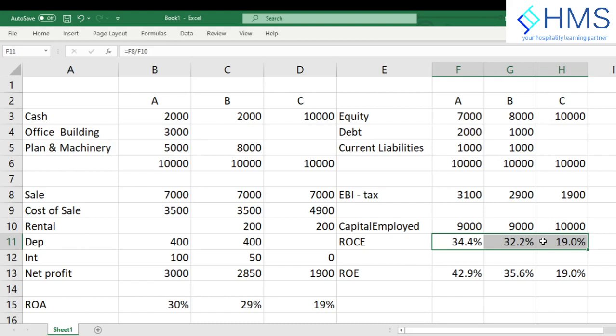So that's the relationship between return on assets, return on equity and return on capital employed. In the next video, we are going to discuss a couple of case studies in the real life telecom industry, so that we can explain how these ratios work in a real life industry, rather than the hypothetical example that we have taken just now.